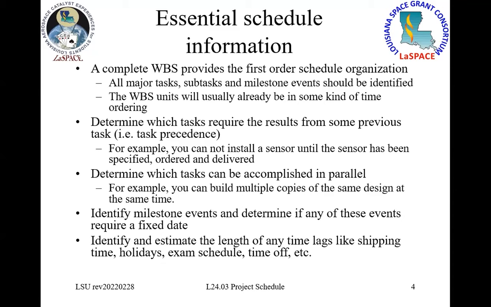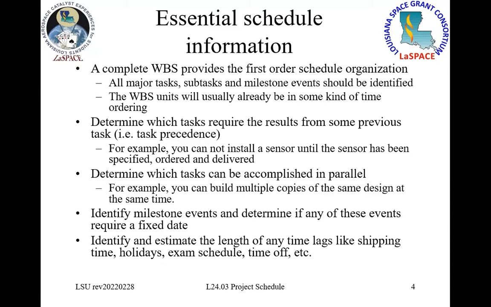You need to determine what I'm calling here task precedence: which items depend on which previous tasks. The example I give you is that you can't install a sensor until you have that sensor in hand. So it's got to be specified, ordered, and delivered. All those tasks, specifying the sensor, ordering the sensor, and having the sensor shipped, are precedents to installing the sensor. You need to take those things into account.